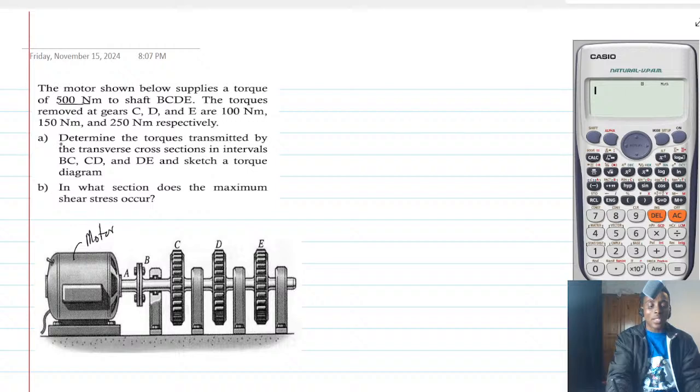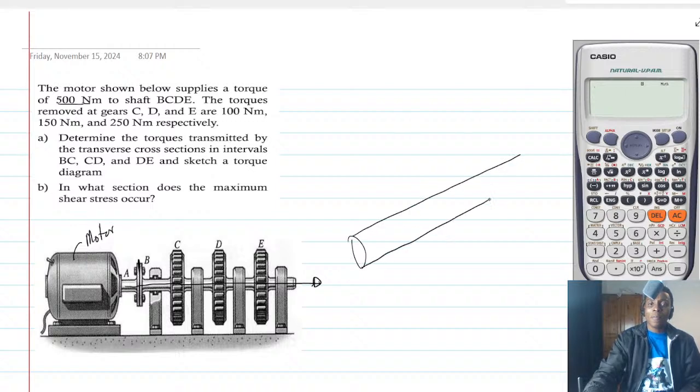But then if you look at it, you will see that at any point in time along the shaft, there is a gear. So you can see that the coupling is at B. So the coupling is at B, and then you will see that the shaft, so the whole shaft is connected now from A all the way here. That is the axis of the shaft. So we can actually look at this problem as a shaft. And then instead of looking at the gears, we'll be looking at the torques supplied by the gears.